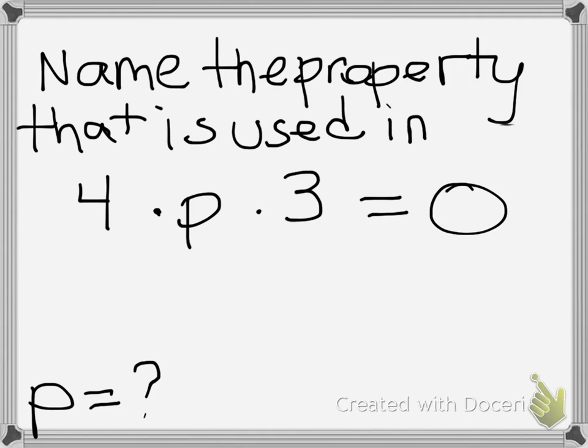So p would have to be 0, because if the final answer is 0, thinking about anything times 0 being 0, then p would have to be 0. So p is 0. And then back to what I was saying before, anything times 0 is 0. So that property is called the multiplication property of 0.